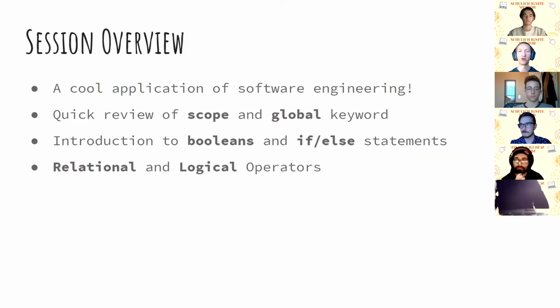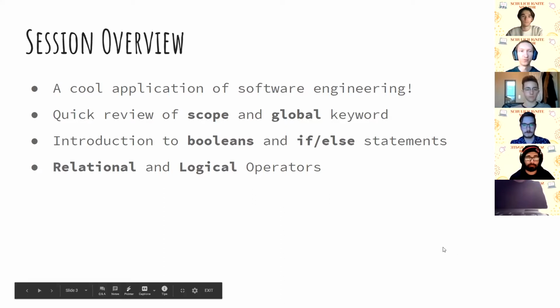So these are conditional statements where we can choose what code we want to run, depending upon what condition we have. And so we're going to need to have some Booleans to help with that. So we'll talk about what those are. And then some operators that are important for that as well, relational and logical operators.